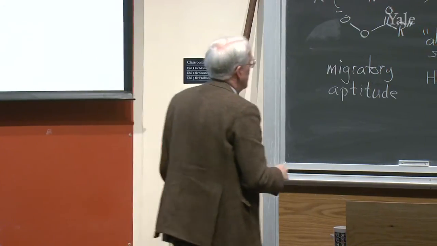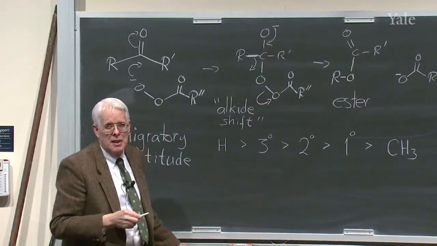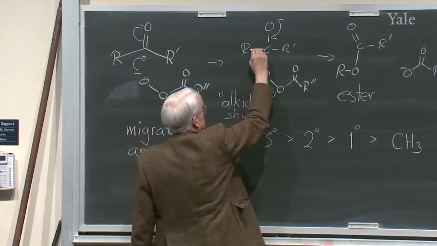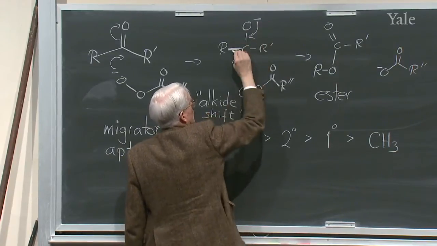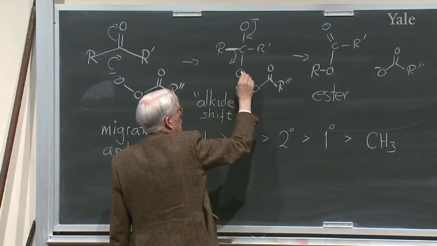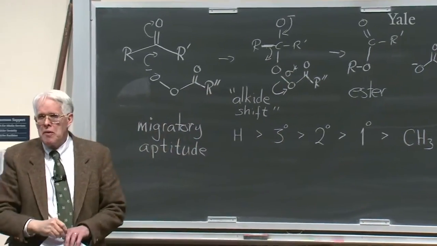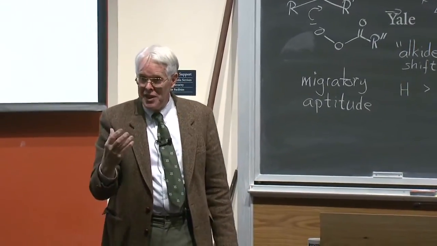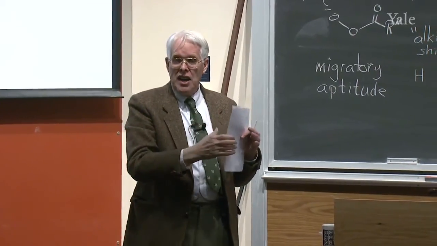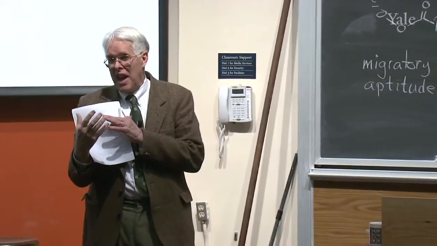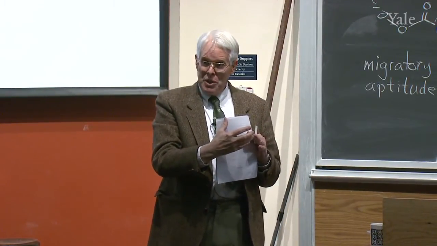But the reason is that it doesn't break completely away to become R minus, right? Its electrons, which have been boosted in energy by having this charge next door, are being shared with sigma star here. So in fact, those electrons have to be given to something else in order for the rearrangement to take place. If it were an alkyl shift in which the R pulled away to become an anion and then attacked sigma star, then the best anion would do it.